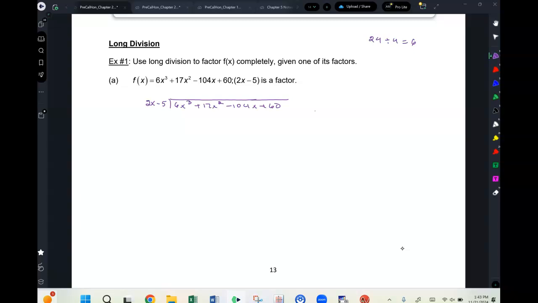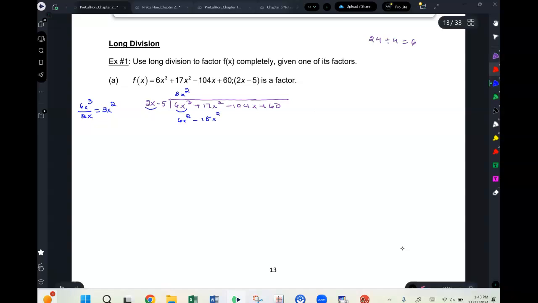Let's remind ourselves. It's the first term divided by the first term. That gives me 3x squared. Put it here. Multiply the entire binomial, the divisor, by it. So we get 6x cubed minus 15x squared.